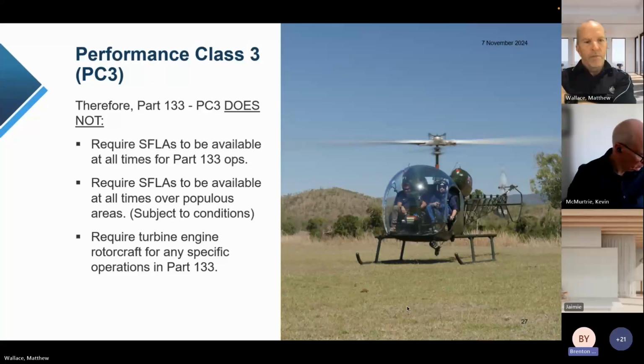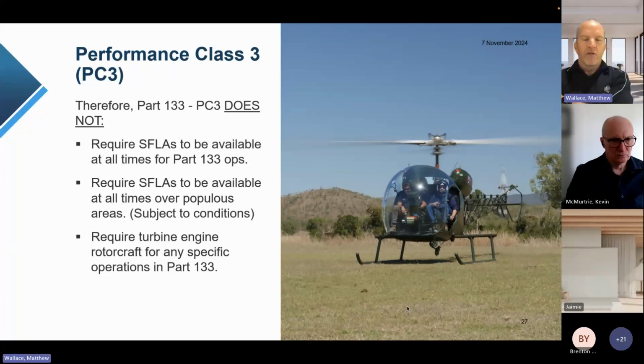Require turbine engine rotorcraft for any specific operations in part 133. Okay, yeah. So performance class 3 does not require turbine aircraft for any specific operation in part 133. Right, okay. I didn't read the first part there, I went through that slide quite quick.